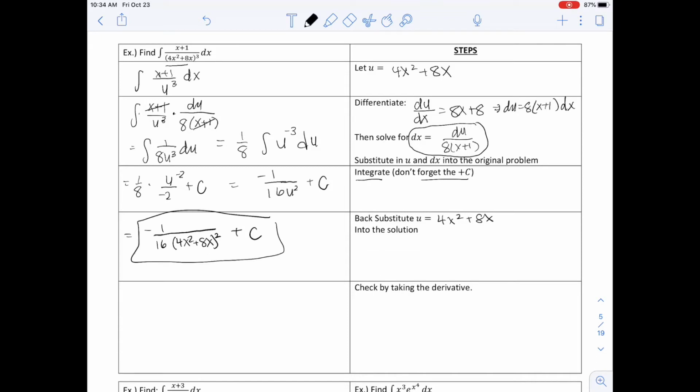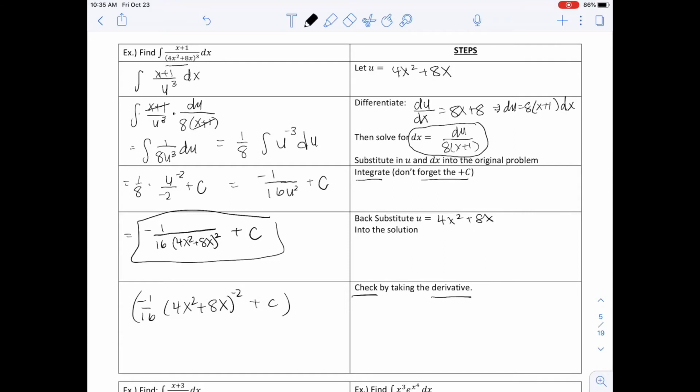And then to check this, we can take a derivative. So taking the derivative of this, we have -1 over 16 times, and I'm going to rewrite it as (4x squared plus 8x) to the -2nd, plus c.